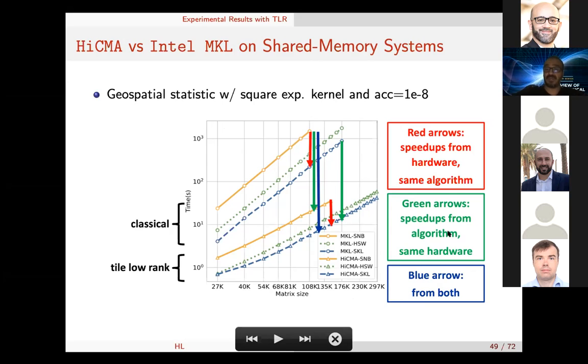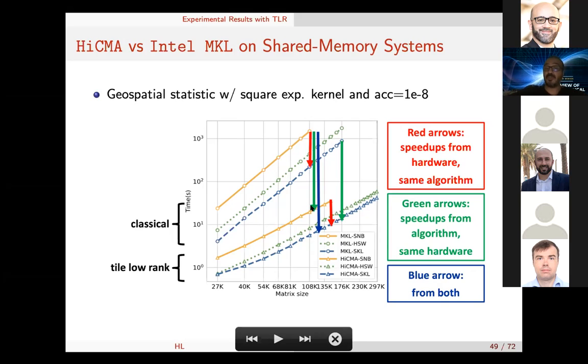The green arrow is where I have the same hardware, but the speedup comes from the algorithm, moving from dense to something that is compressed, using this Stars-H compression. And that's the performance boost that you get from a software or algorithm improvement. Look at the difference, by the way, between the improvement that you get from the hardware and the improvement that you get from the algorithm.